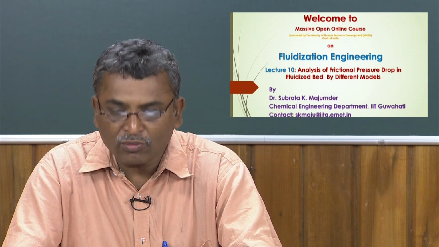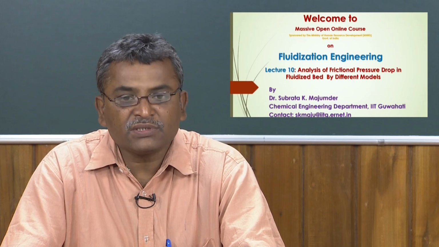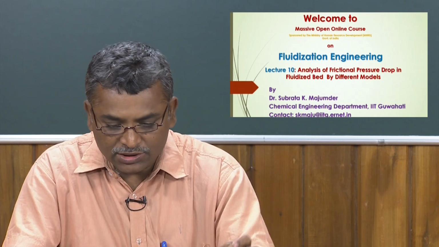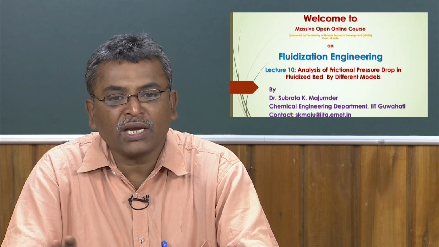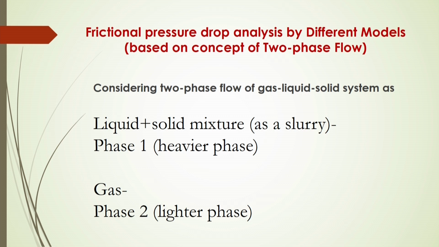These models may be correlation models from the basic, or there may be some mechanistic models. So, let us see the different models by which we can analyze the frictional pressure drop in the fluidized bed. These models will be based on the concept of two-phase flow.